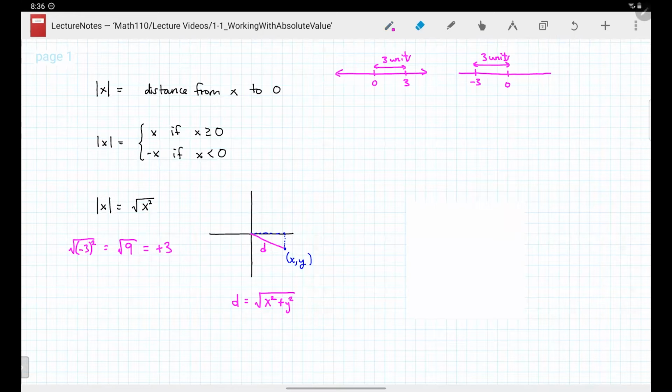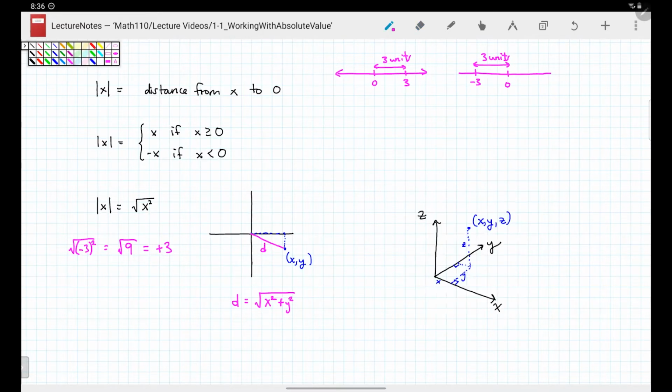And if you look at a 3D model, then a point in space is defined by 3 coordinates, x, y, and z.